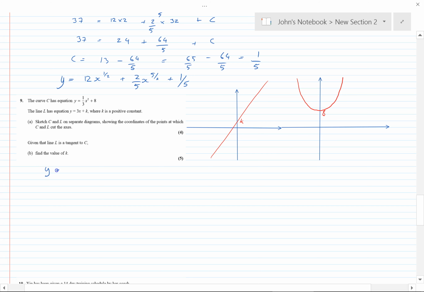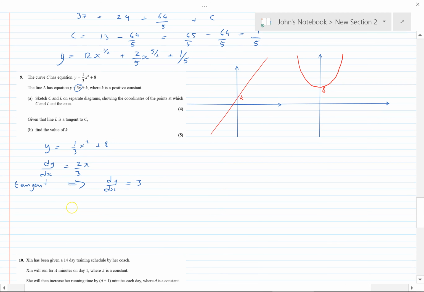We've got y equals a third x squared plus 8, so dy by dx is equal to 2/3 of x. But if it's a tangent, that must mean the gradient has got to be 3. So that tells us dy by dx equals 3. So that gives us 3 is equal to 2/3 of x.